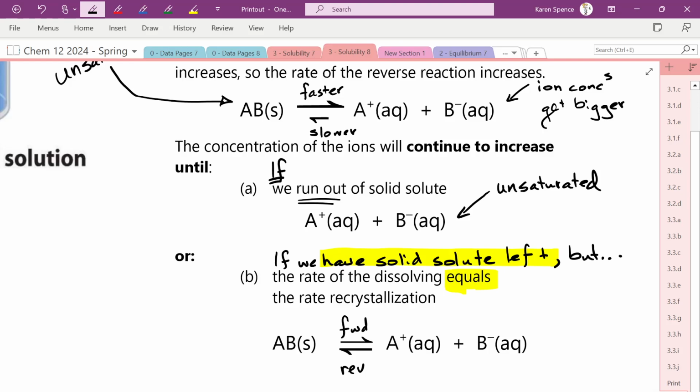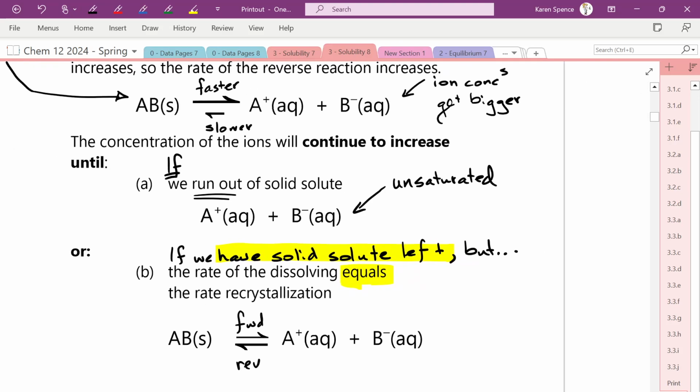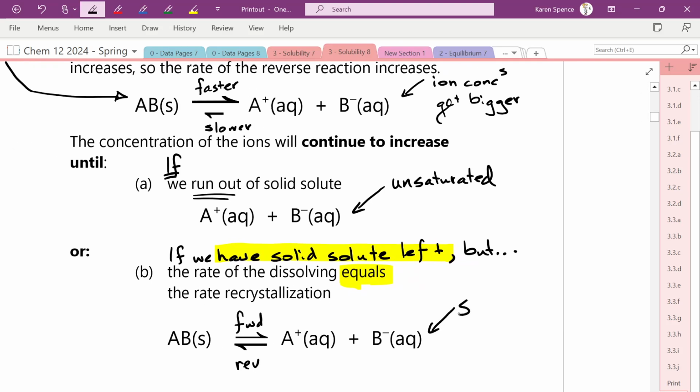What kind of a solution do we have now? This is now saturated. So if you dump in some solute, you stir it around, you're either going to get to the point where you dissolve all of it or where some of it remains undissolved, but it's at equilibrium now with the solid. Yes, those are your two options.